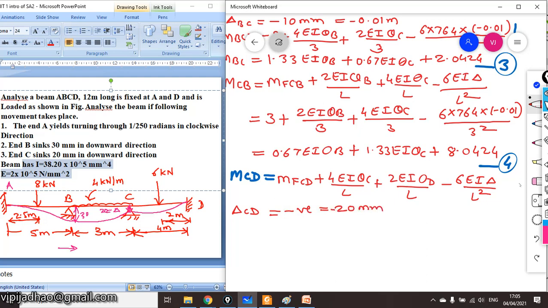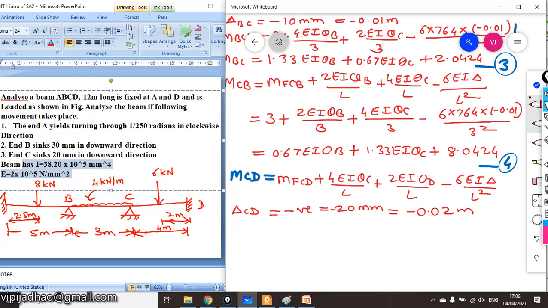Why minus? Because you can see in this particular figure that support C is sinking by 20 mm as compared with the support D. Therefore the value will be negative because the left support is sinking. So convert this into meter, that is minus 0.02 meter.